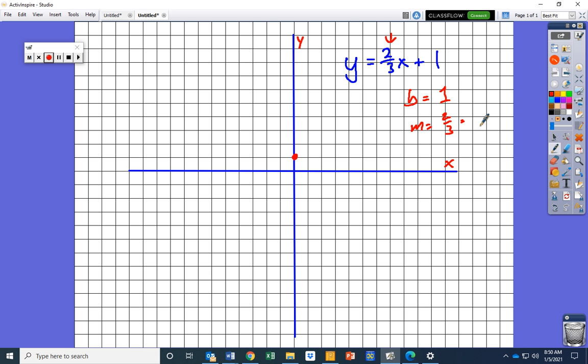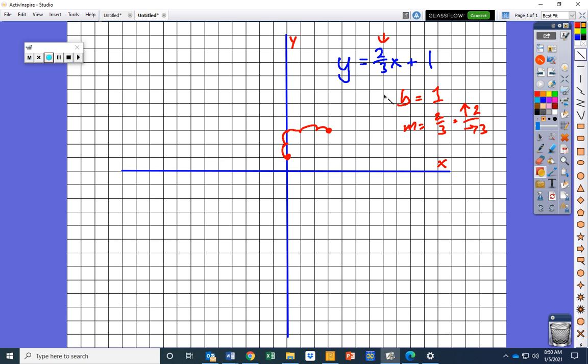So I'm going to go up 2 and I'm going to go over 3. But where do I do that from? Do I do that from here? I do that from here. So how do I go up 2? I go up 1, 2, and I go over 1, 2, 3. And I put my second point. And then all I have to do is put a line through there.